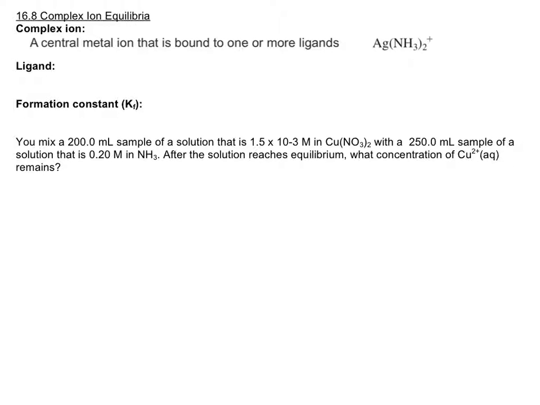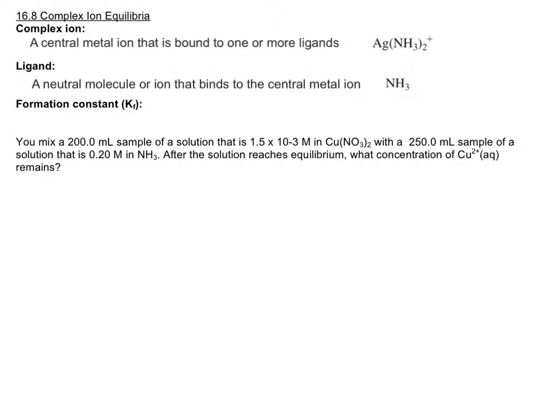The silver ion has a +1 charge, the ammonia is neutral, and so the complex ion has a +1 charge. As a review, the ligand is either the neutral molecule or the ion that is binding to the central metal ion.